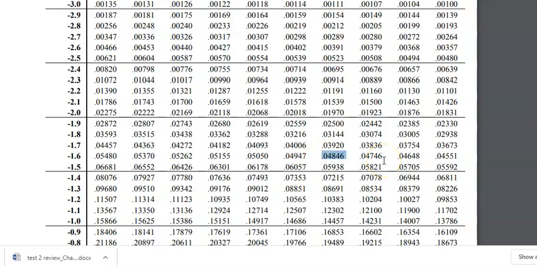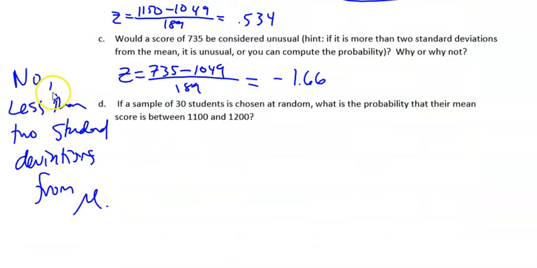That's a pretty small probability, only about a 5% chance to get less than that score. But it's not small enough. To be unusual, it has to be really small, or 2 standard deviations below. Here's 2 standard deviations. That's a 2% chance. So we're saying no, less than 2 standard deviations, and that's all you've got to tell me.